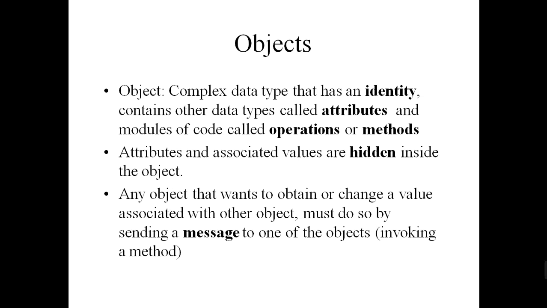Attributes are associated with values. The values should be hidden inside the objects. Suppose we want to send a message from one object to another by invoking a method. So this is the simple definition of objects.